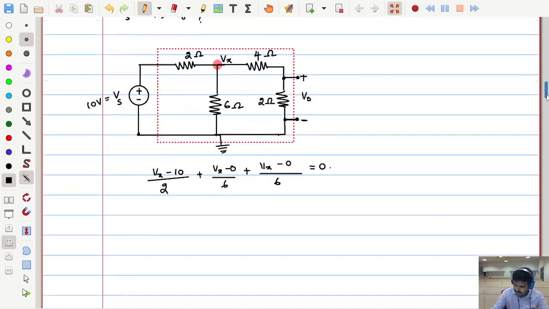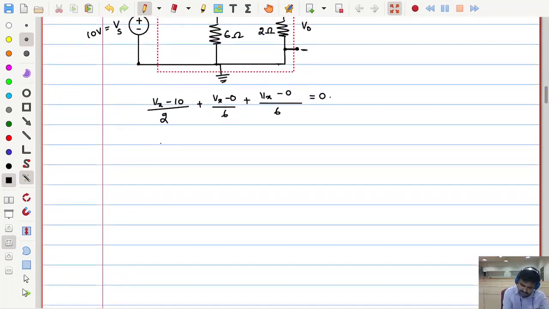So let us quickly get this Vx. How much is Vx? What I will get is (1 by 2 plus 1 by 6 plus 1 by 6) into Vx is equal to 10 by 2, which is 5. The other terms are 0.